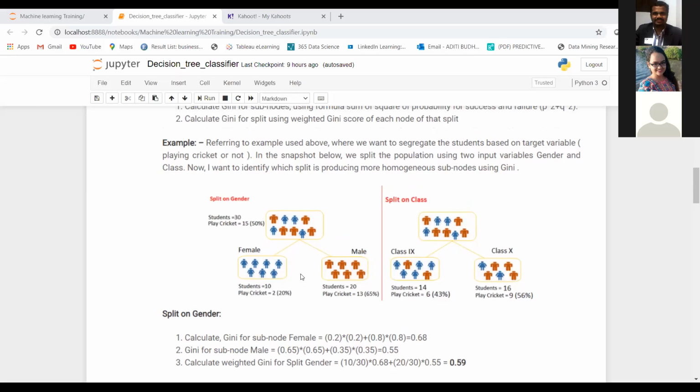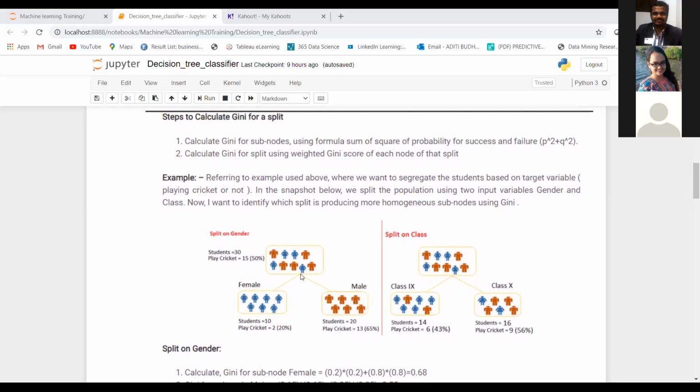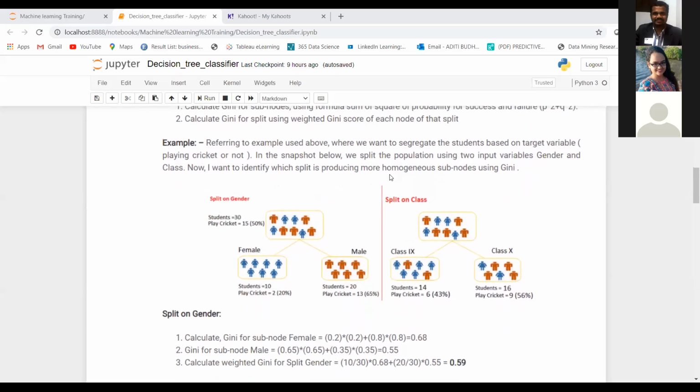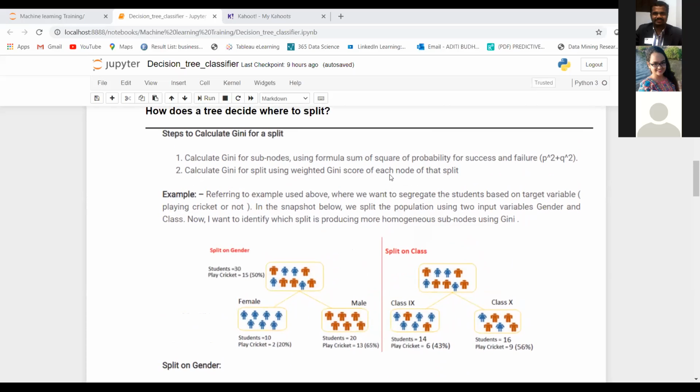Okay, so here we will first learn about the Gini concept. How is this Gini parameter calculated?